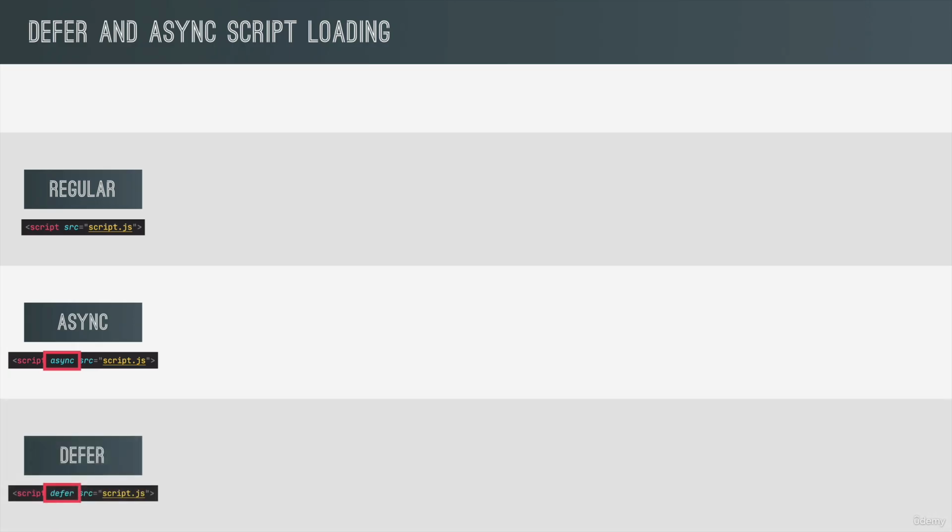And these attributes are going to influence the way in which the JavaScript file is fetched, which basically means downloaded, and then executed. Now in the HTML, we can write the script tag in the document head, or usually at the end of the body. So these are the 2 situations that we're going to be comparing in this slide.